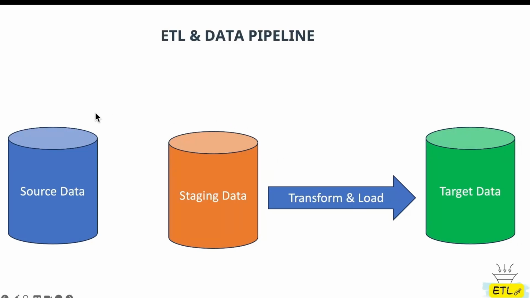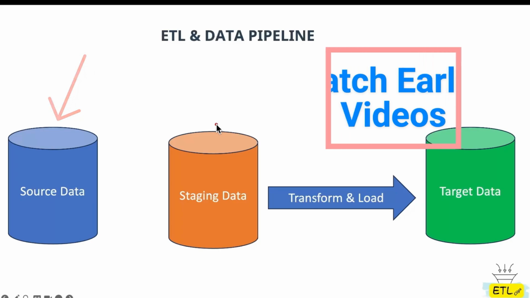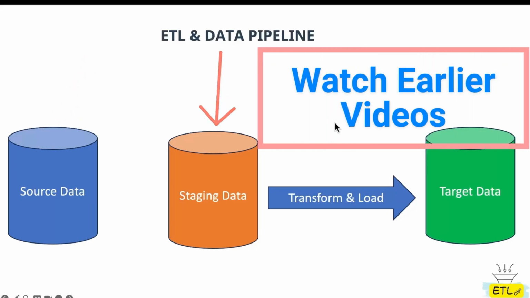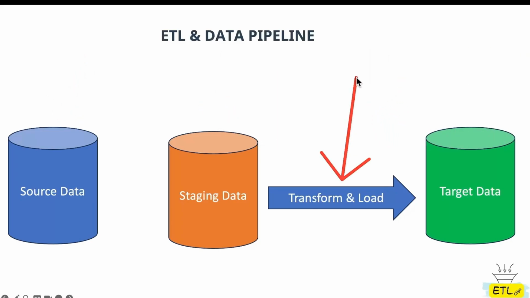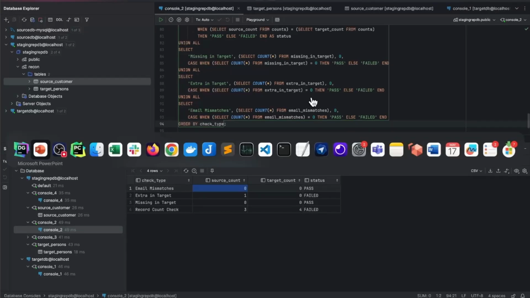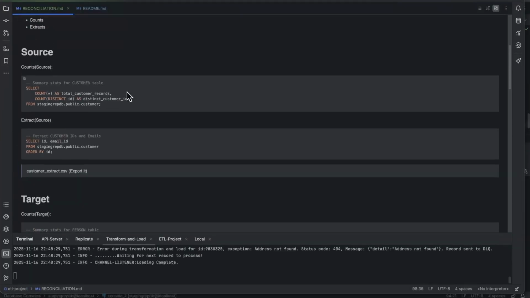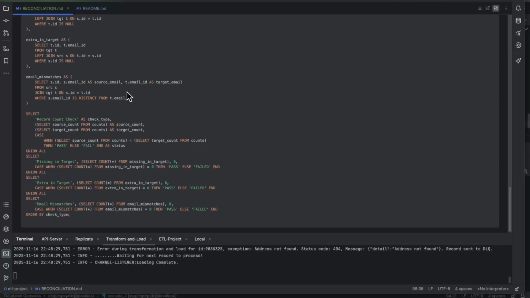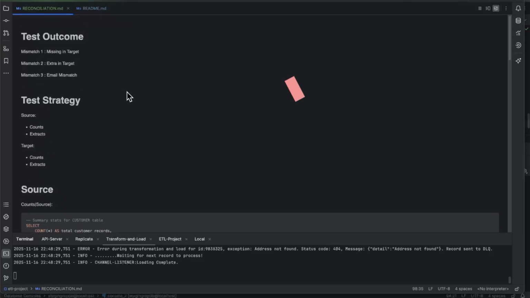Just to make sure, watch the video on how the source database is loaded, the staging database is replicated, transform and load is run, and your target data is loaded. Once you are able to do these three in one of your test environments, then you can run the reconciliation job. All the SQLs from here I'll share in a GitHub repo or in the description.